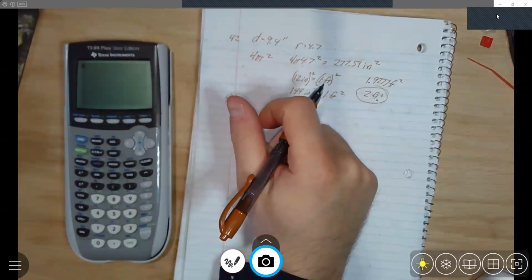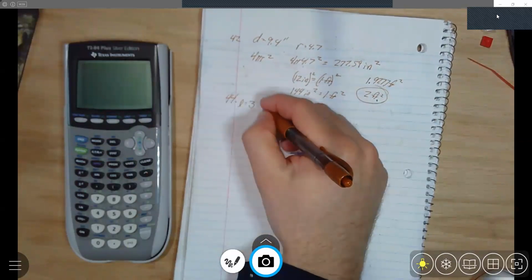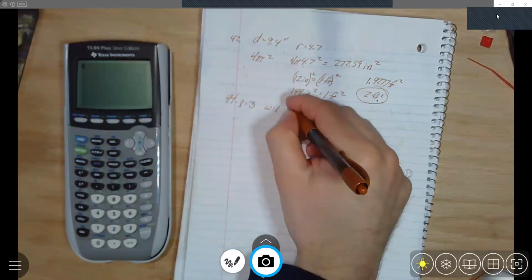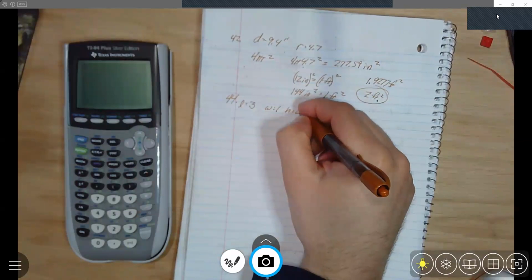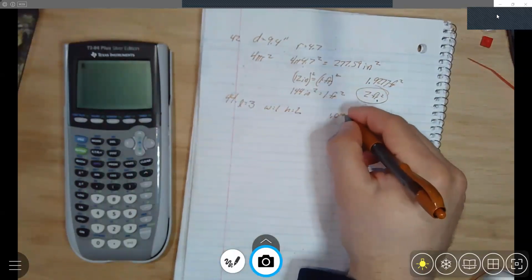44. A suitcase 3 foot long, L is 3, 1 foot wide and 2 foot high, holds 1 million $1 bills. So 1 million.